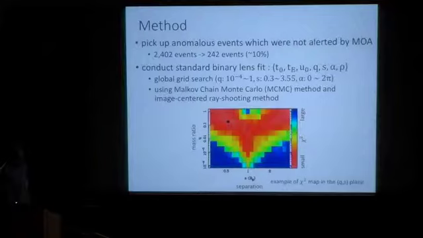We conducted the standard binary lens fit, and so as not to miss local minima, we conducted a global grid search by fixing the mass ratio, separation, and angle. And we used MCMC and the image-centered ray shooting method.